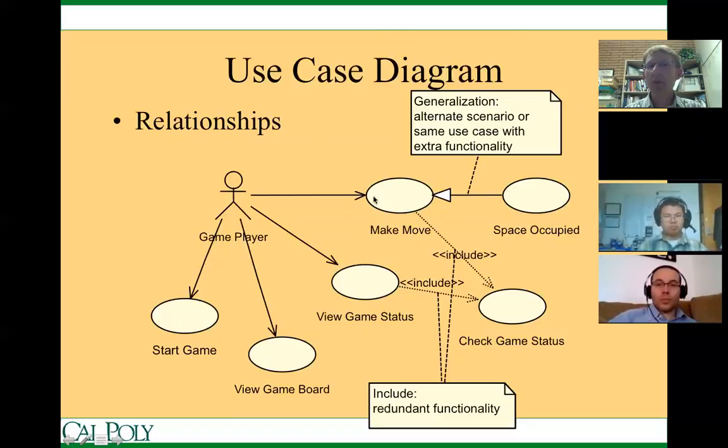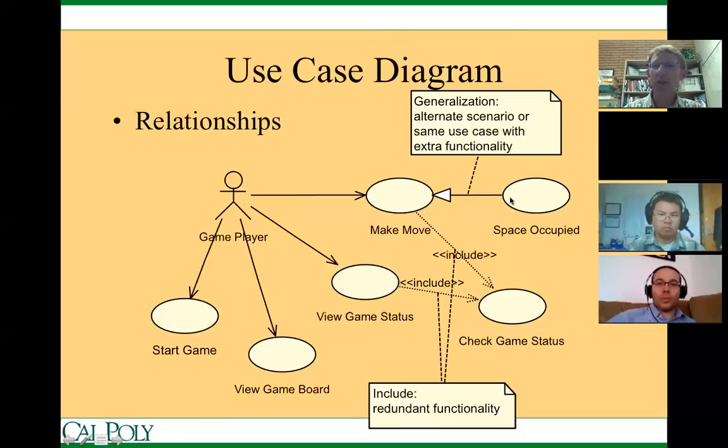So make move is the general idea. A specific instance of that that's a little different is when we're making a move but the space is occupied. Something different should happen there than what happens generally in make move, so different that I broke it out into a separate use case.